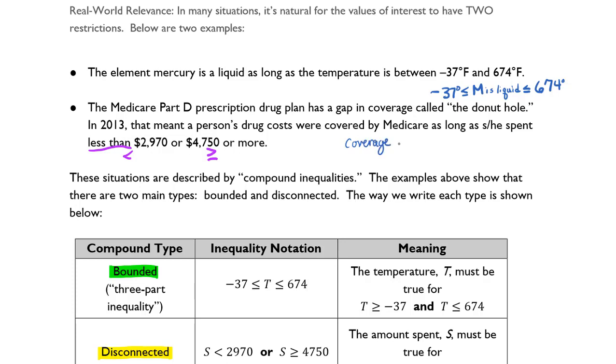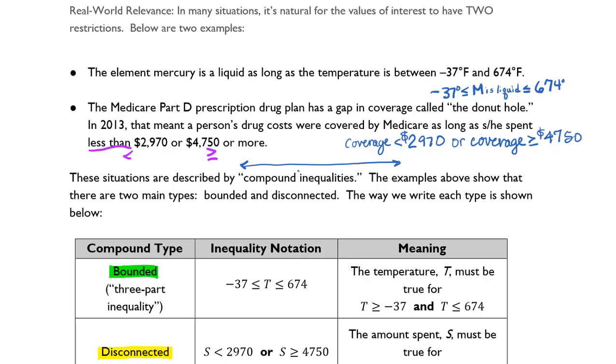And the coverage is either less than $2,970 or coverage is greater than or equal to $4,750. We could graph it first.